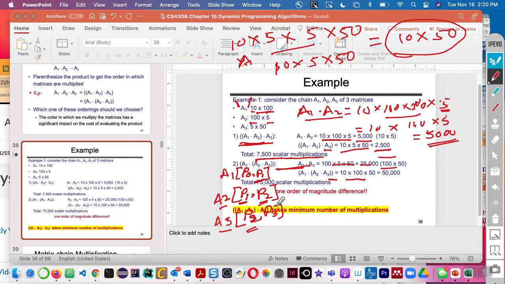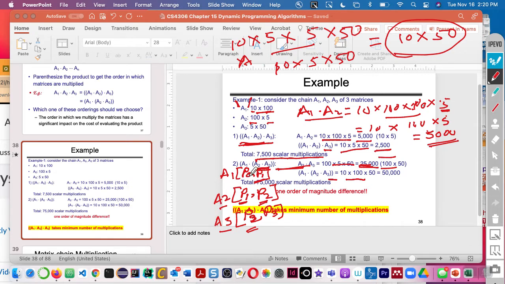On the other hand, if we multiply A2 and A3 first, we can do that, right? Because A2 and A3 have matching dimensions, the resultant matrix will be 100 by 50, and it will take 100 times 5 times 50, equal to 25,000 scalar multiplications just for getting A2 times A3.